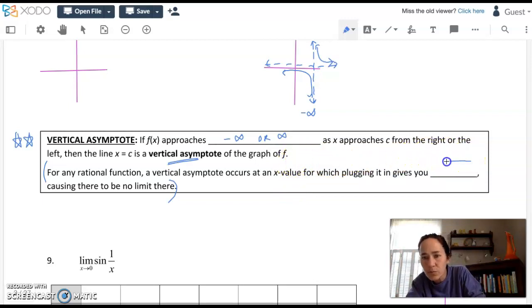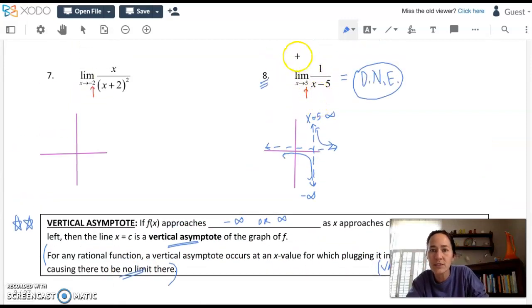If you do an initial plug-in, and that plug-in of the x value gives you some non-zero value divided by 0, that's another algebraic dead giveaway that there is no limit there. There is going to be a VA. Here's what I mean. If I take the example we just did and I plug in 5, I get 1 over 0.